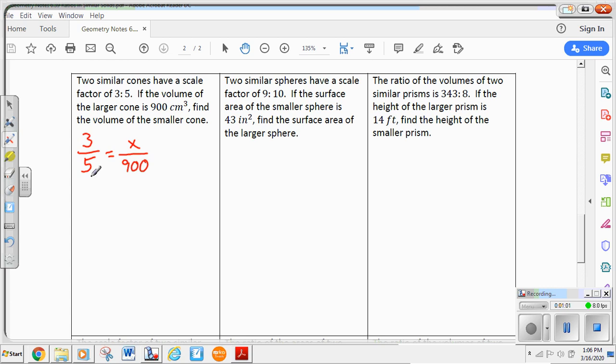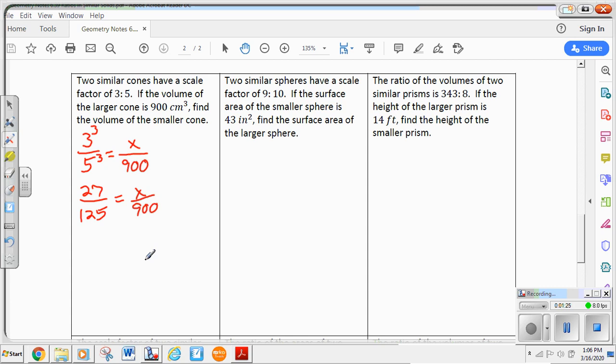Since scale factor is one dimension and volume is 3 dimensions, we need to cube the scale factor in order to make the dimensions match. So what we have is 27 over 125 equals x over 900.